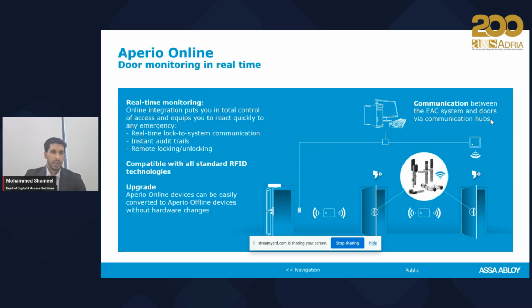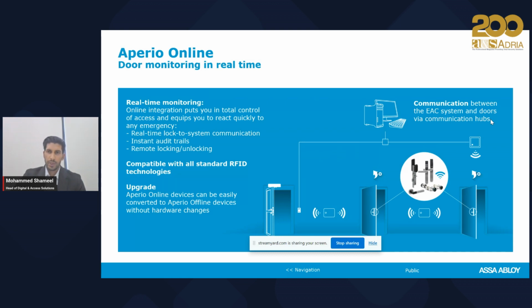Here I'll show you the typical topology, how the ABLOY system works. ABLOY can work as an online system, which checks in real time with the electronic access control system. Irrespective of the model that you use, you can mix and match different models of ABLOY wireless locks on different doors.